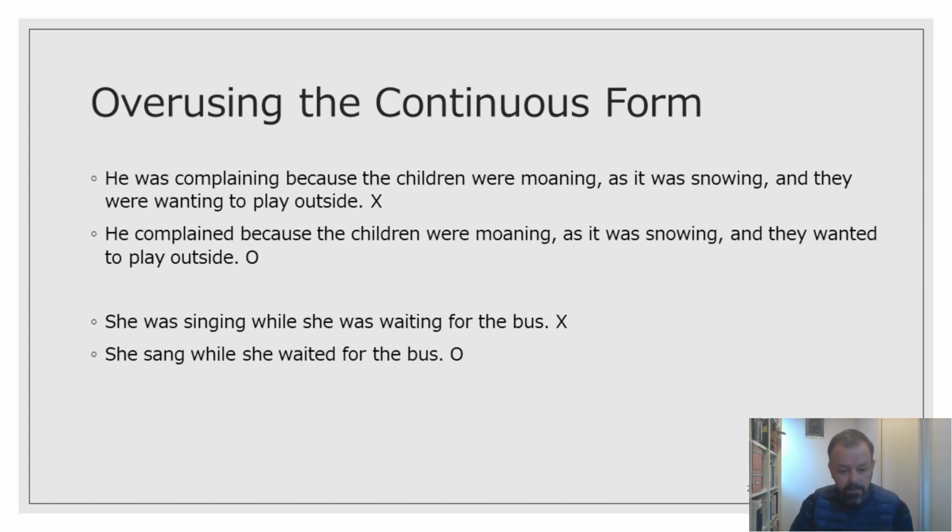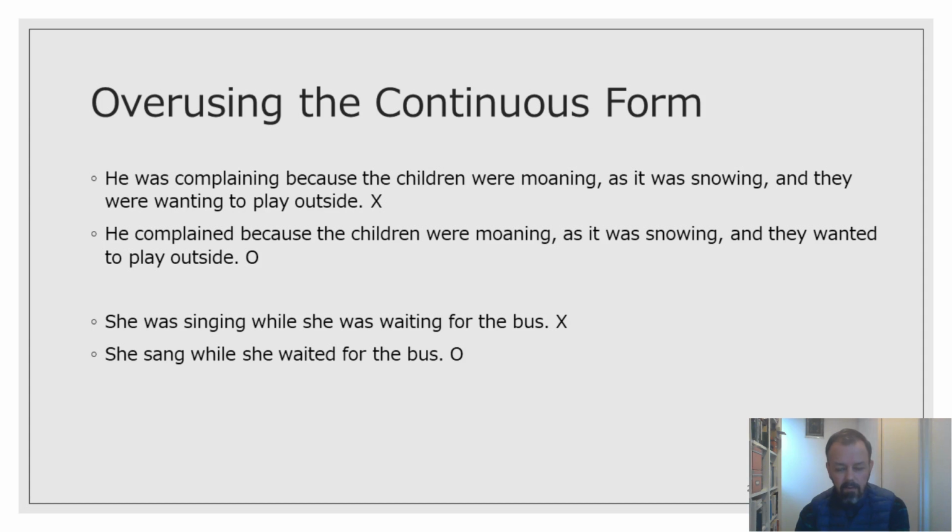Next, we have another common issue, which is the overuse of the continuous form. This is a difficult one because it's not wrong, but I would encourage students, particularly beginners, to try and keep sentences as short as possible.